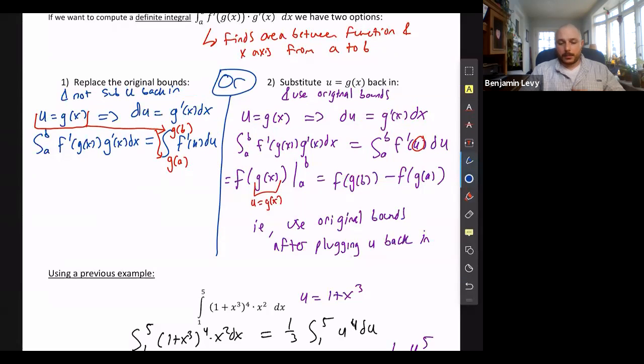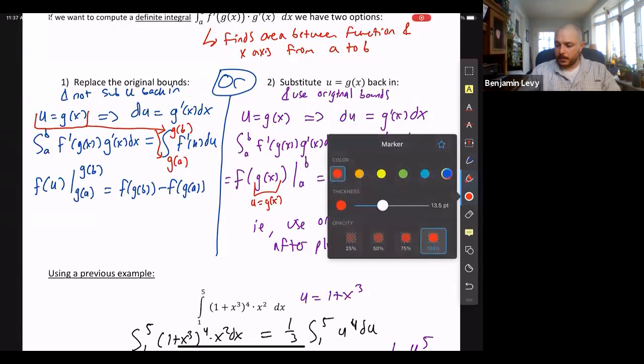And so if we kept going with this method, we would then work with our f function, and then we would plug in g of a and g of b. But notice how the thing I'm writing down right now is the same as the thing that we had last time.